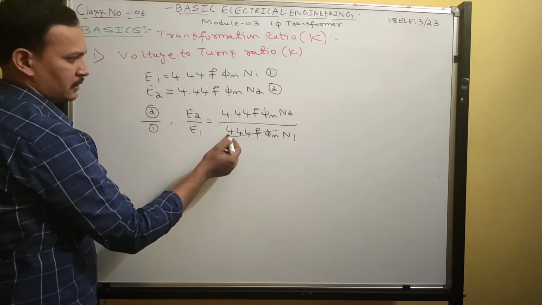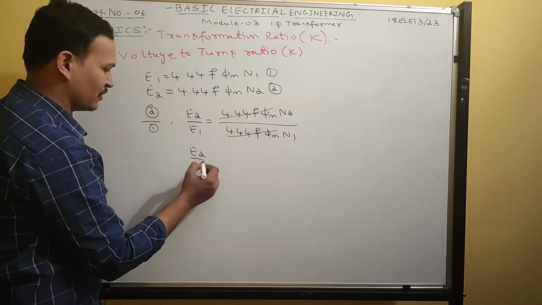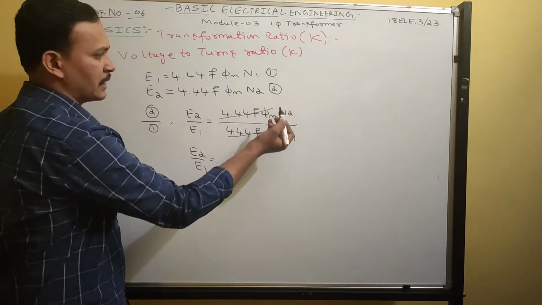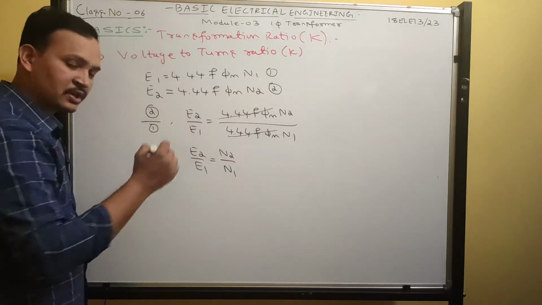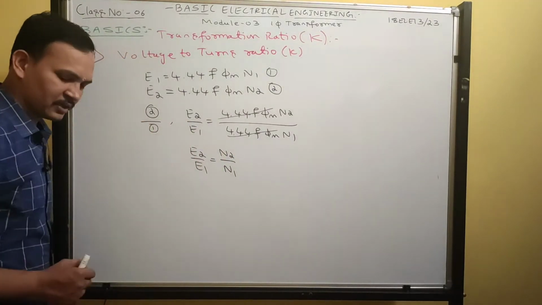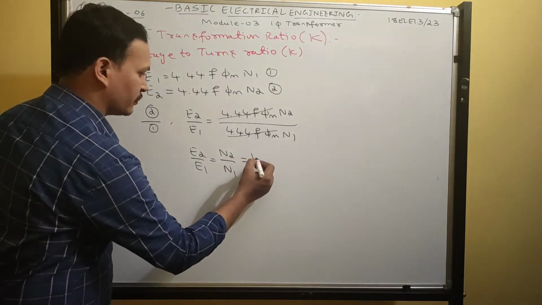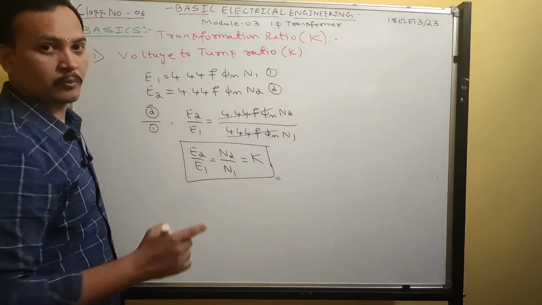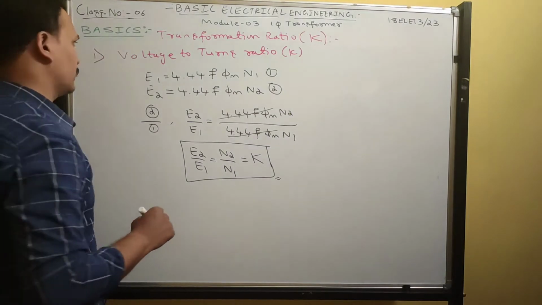So this and this will get cancelled. What is left? We get voltage ratio E2 by E1, which is the same as N2 by N1. N2 by N1 is turns ratio and E2 by E1 is induced voltage ratio. Both are denoted by K. This is the first concept you must remember while solving problems on EMF equation of transformer.